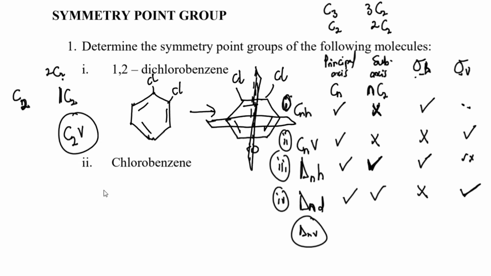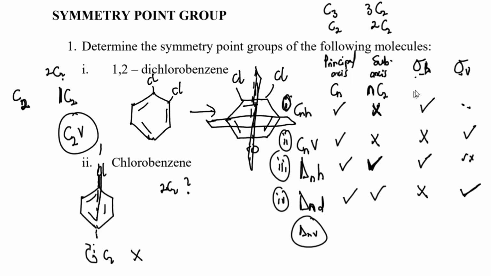So let's see chlorobenzene. Chlorobenzene is this, we have it to be this chlorine, right? The principal axis is basically at this point. When you rotate it, we have C2. Let's see for subsidiary axes. Do we have 2 C2s? There is C2 here, and there's no other C2 again. This is the only C2 we have, so subsidiary is out.